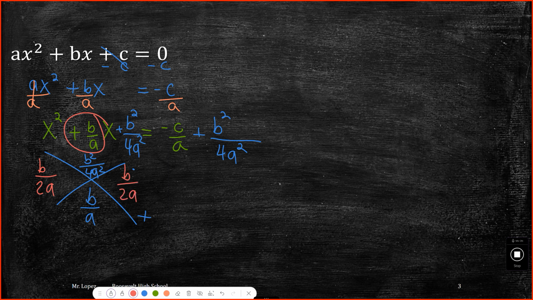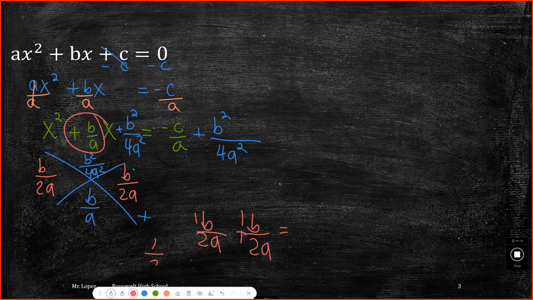Well, if I multiply these two, it'll be b squared, yep, 2 times 2, 4, yep. a times a, a squared, yep. And if I add these up, it better equal this. b over 2a plus b over 2a. What's 1/2 plus 1/2?